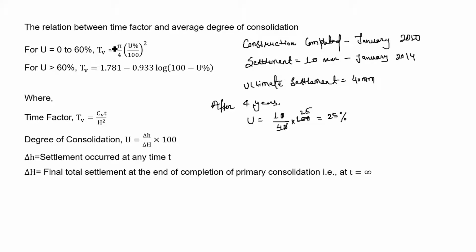Then we use the first equation, that is Tv equal to pi by 4 into (U by 100) square.